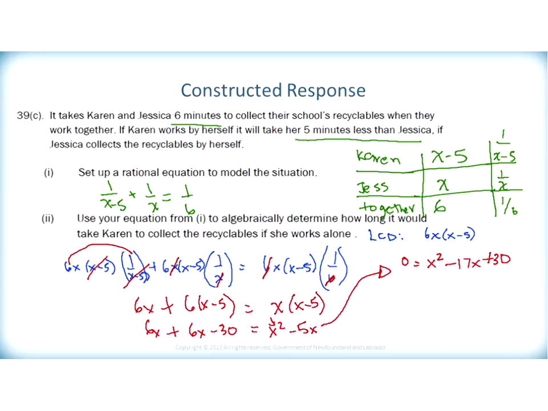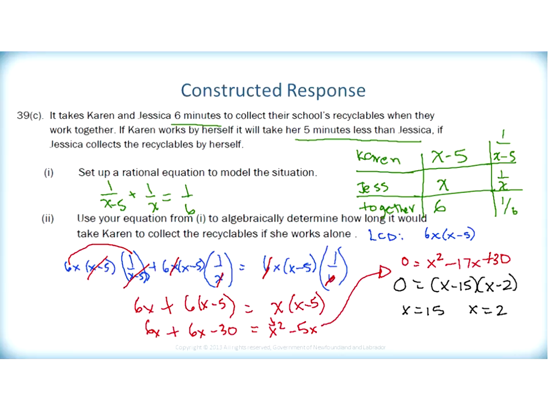To solve a quadratic, we could use the quadratic formula, or if the equation is factorable, we could factor it. This equation is factorable, so we have 0 equals x subtract 15 times x subtract 2. So x would be equal to 15, and x would be equal to 2.